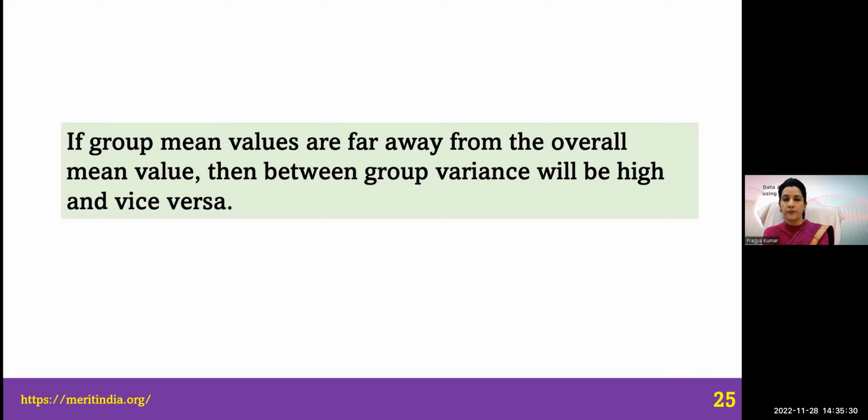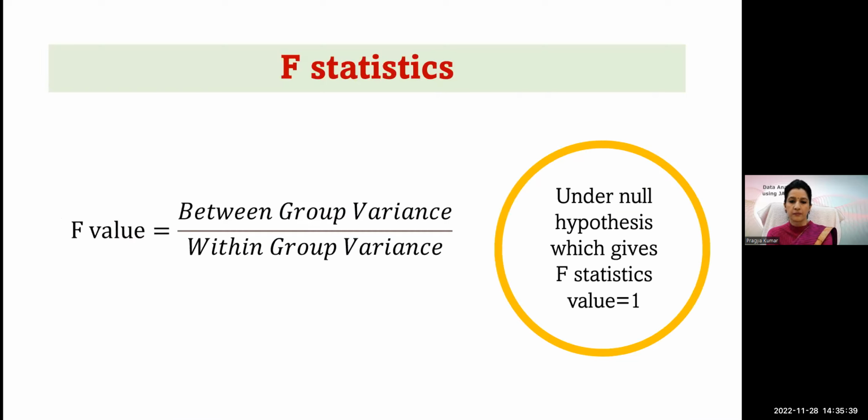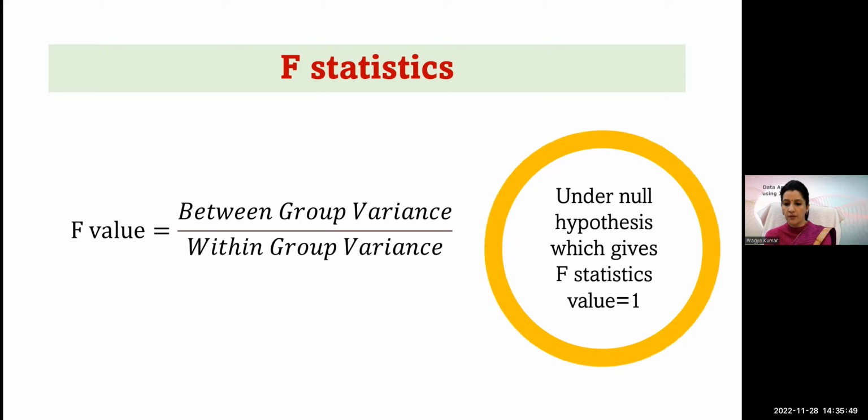Now, if the group mean values are far away from the overall mean value, then your between group variance will be high, and vice versa. Your F statistic is the ratio of the between group variance and the within group variance, and under the null hypothesis this value is 1.